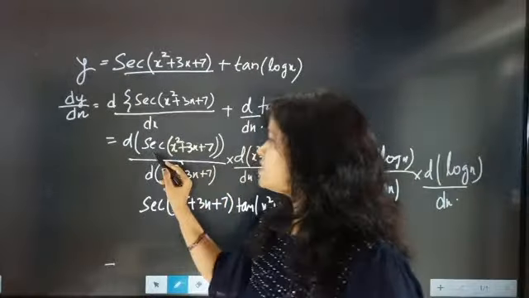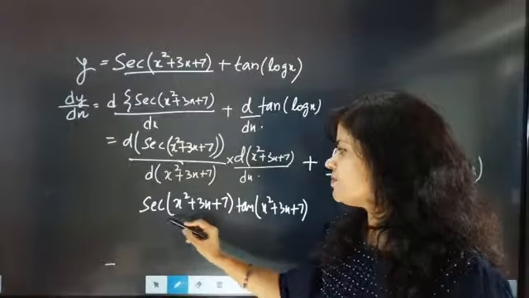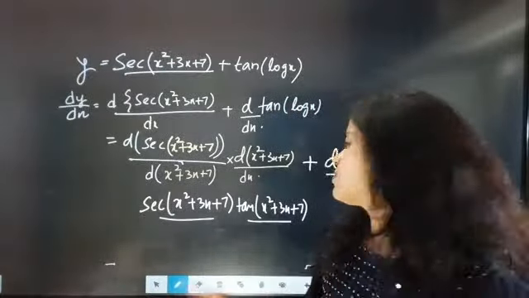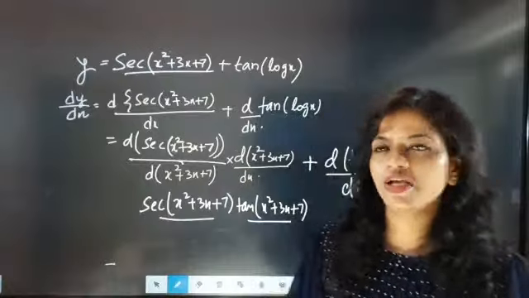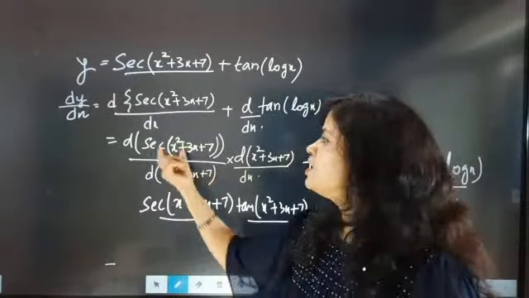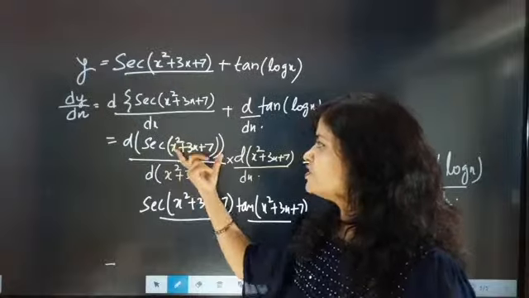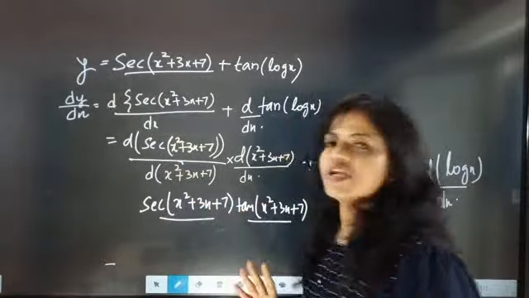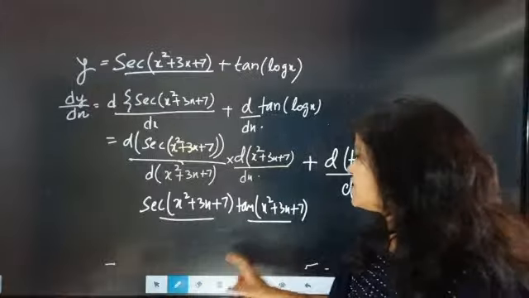Now the differentiation of secant x is coming as secant x into tan x. So why am I saying secant x? Because here exactly x is not there, this part is there and we are differentiating with respect to that part only. So only secant will change, this part remains the same. So it is going to come as secant of x square plus 3x plus 7 tan of x square plus 3x plus 7.